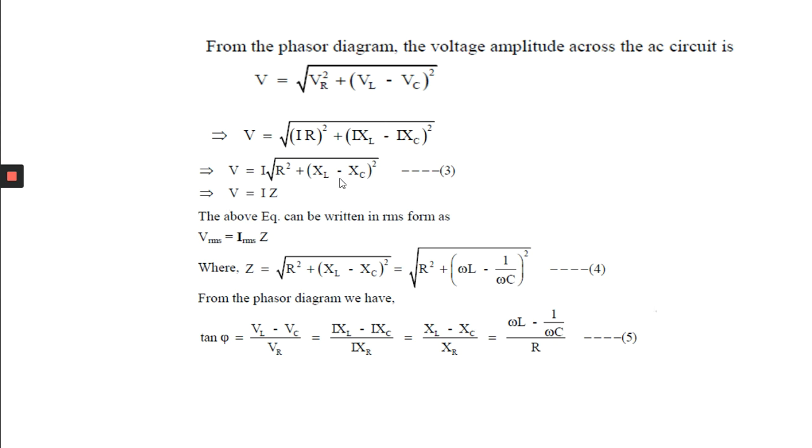But here, the circuit oscillates with a particular current. If the voltage amplitude is given, what is the current amplitude? The current amplitude is V by Z, and it depends upon obviously the resistance and reactance offered by the elements.